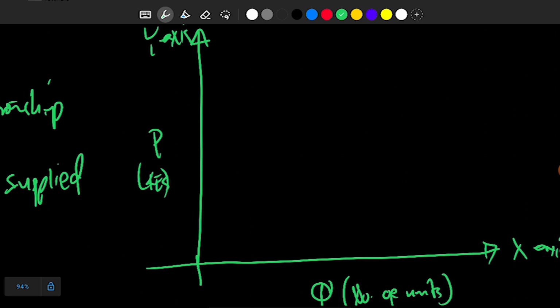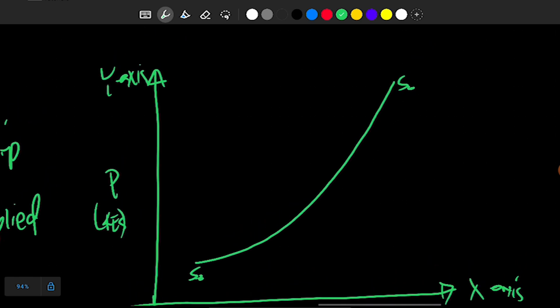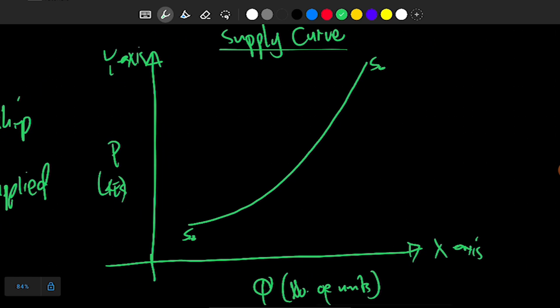And this curve will look like this. It will be sloping from the left to the right upwards, like this. This is the supply curve. We indicate here supply curve. So that's basically a very simple illustration of the supply curve and the law of supply.